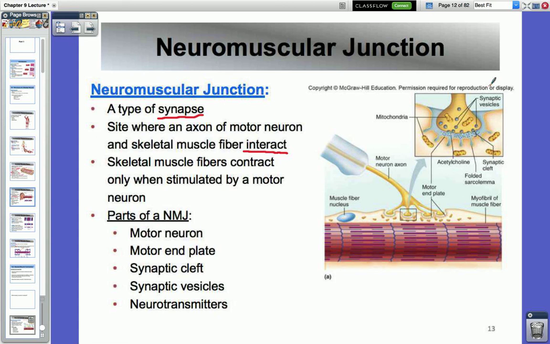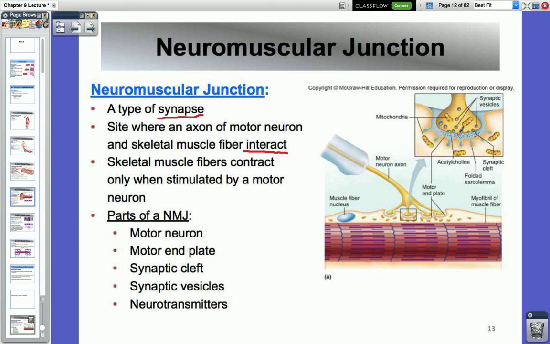It could be carrying proteins, it could be carrying anything that needs to be taken out of the cell via exocytosis. So these synaptic vesicles are taking a message to the end of the motor neuron so it can then be released into the synaptic cleft.